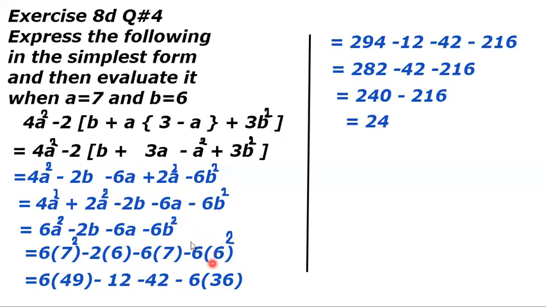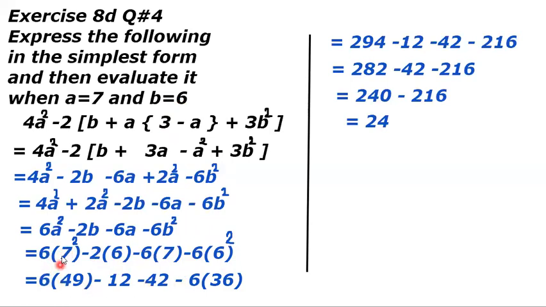Instead of B square we will write 6 square. Value of B is 6, so 6 square. This step is called substitution. We are substituting variables by numerals.